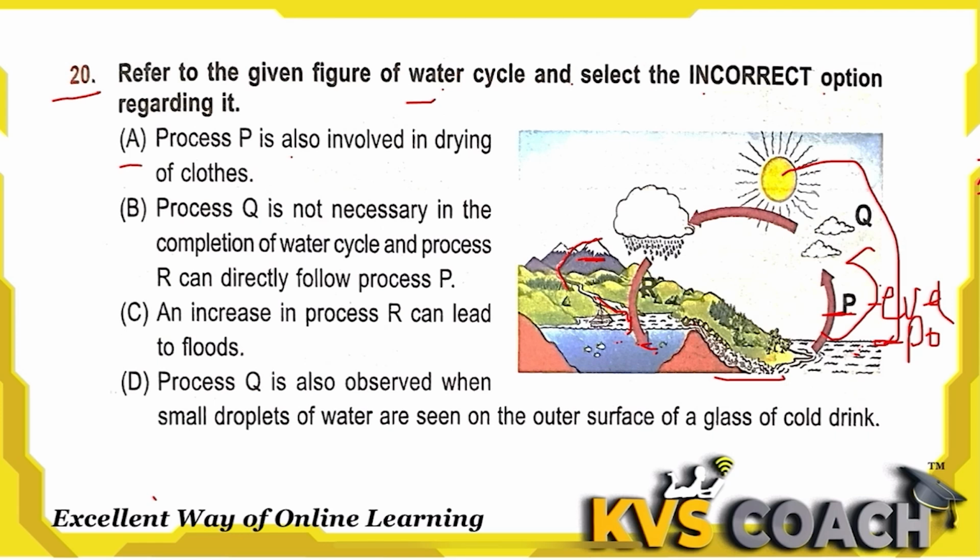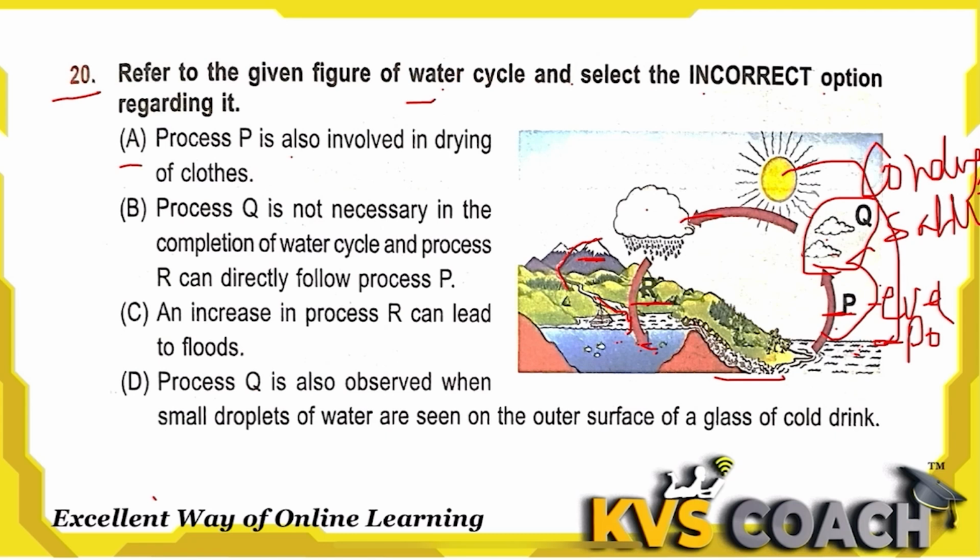And then it turns into vapors. When many vapors connect together, they make clouds, and this process is known as condensation. After condensation, the water vapors get heavy and change into rain.